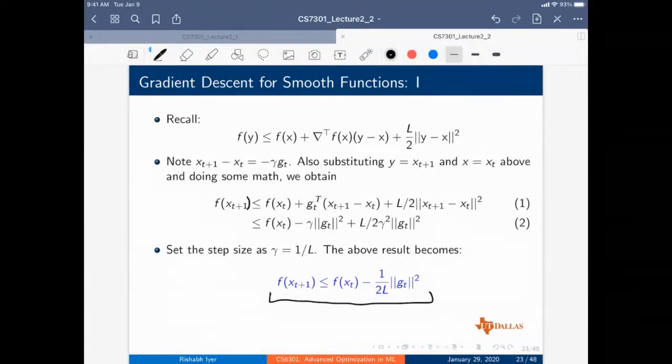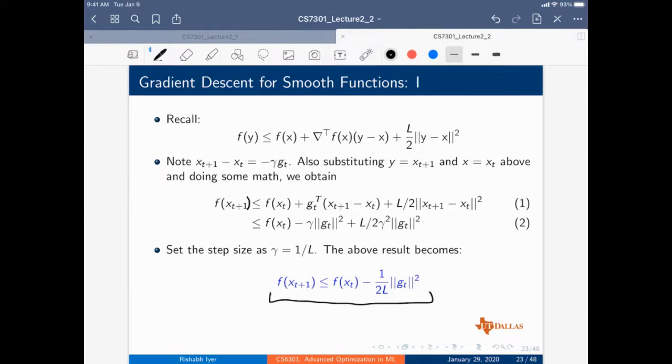We made it slightly more constrained by assuming Lipschitz smoothness. And Lipschitz smoothness requires that the function be differentiable and so on, with the gradient of f being almost differentiable.